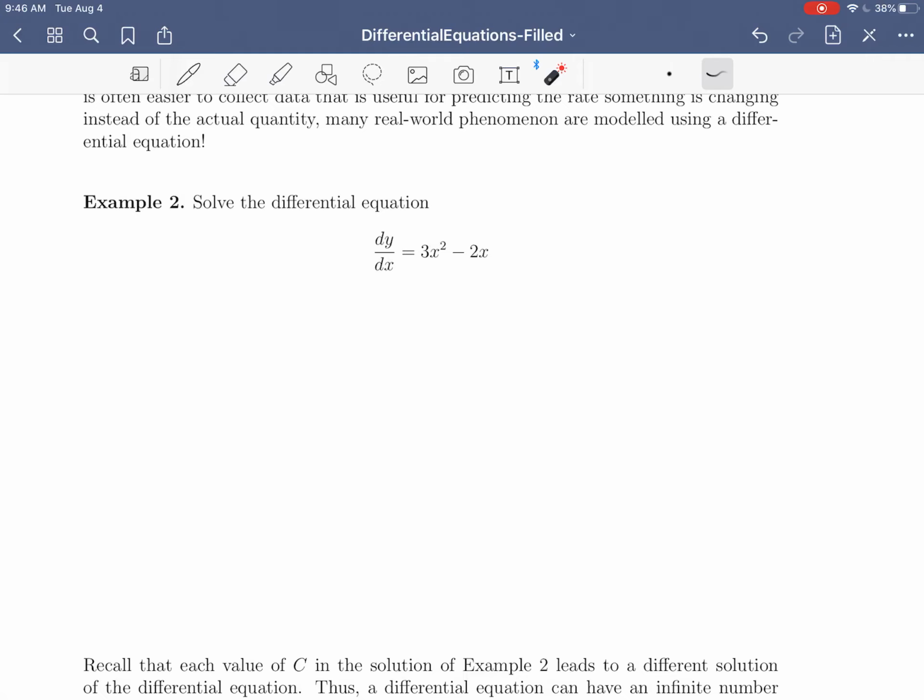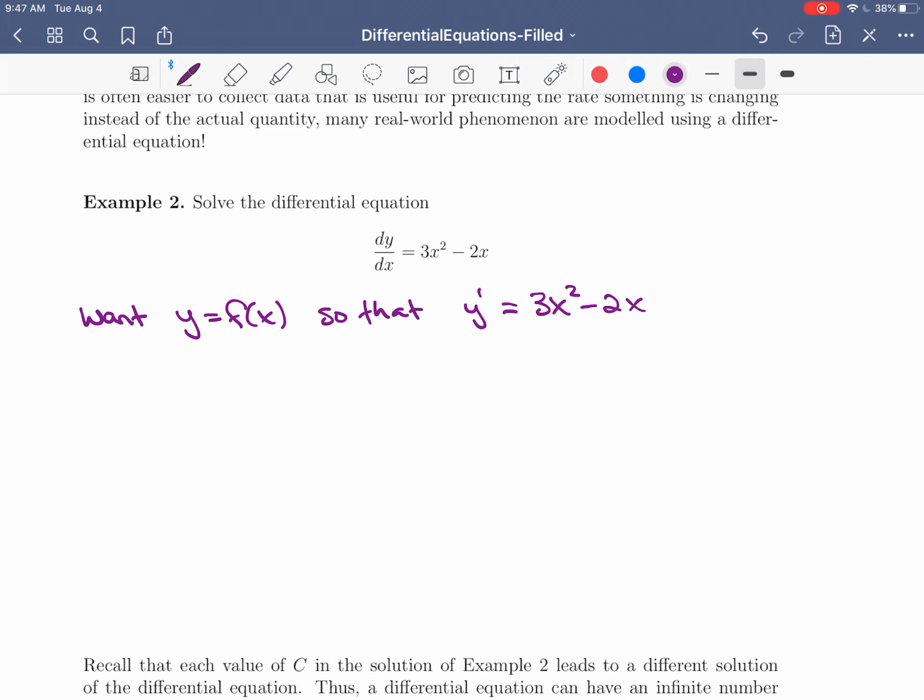For instance, we already know how to solve this differential equation: dy/dx is equal to 3x squared minus 2x. You might not believe me, but we know how to do this. What we want is for y to be some function of x so that dy/dx, or y prime, is equal to 3x squared minus 2x.